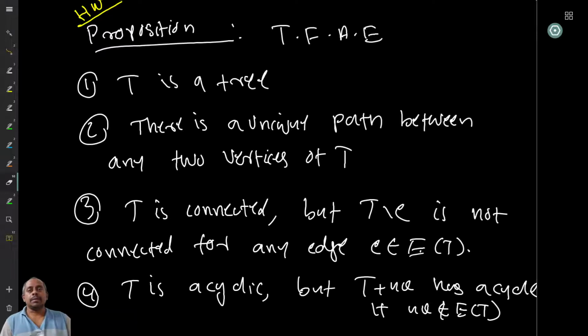So these are all equivalent. So we have to show that, let's say, 1 implies 2, implies 3, implies 4, implies 1. So whichever way you want, you can show this, but show that these statements are all equivalent.